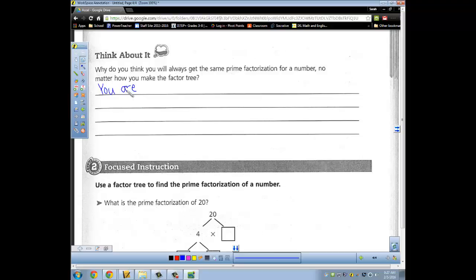only using numbers that multiply together to get your wanted number.